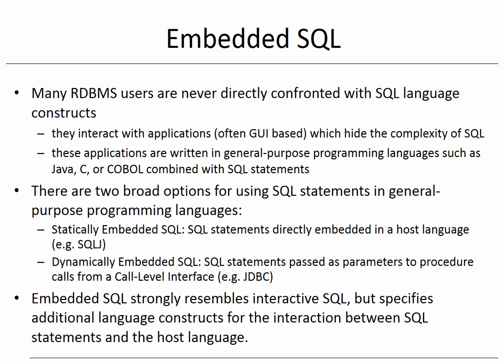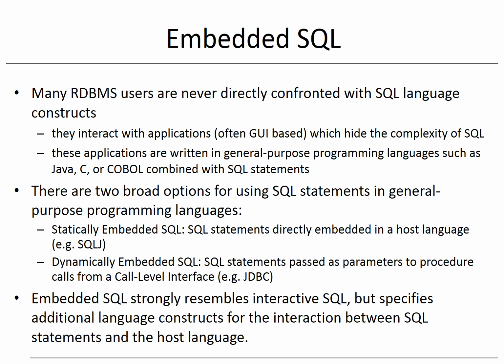There are two broad options for using SQL statements in a general-purpose programming language. In statically embedded SQL, the SQL statements are directly embedded in the host language. A popular example of this is SQLJ, which allows to embed SQL statements in a Java host program.